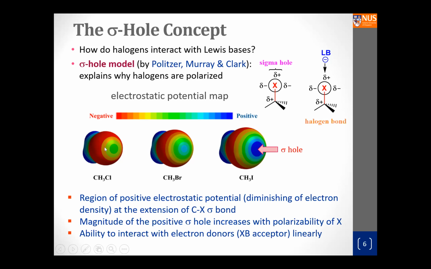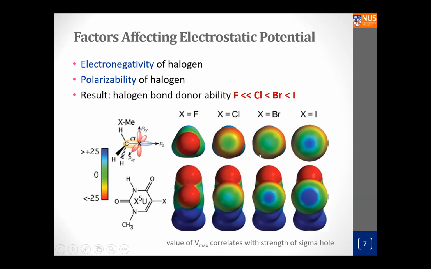You can see here the red color, which corresponds to the lone pair. But at the end of the sigma bond axis, you can see a bit of electron deficiency in chlorine, becoming larger in bromine and very large in iodine. That is the reason why this sigma hole can interact with the electron donor to form a halogen bond in a linear manner.